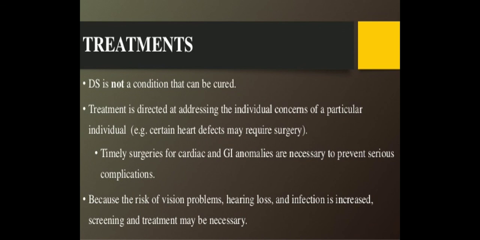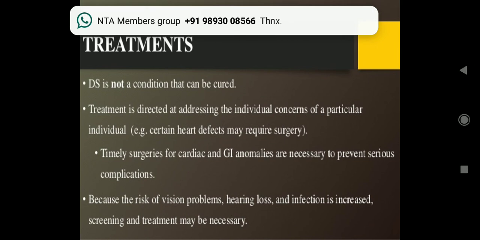If the child suffers from any type of gastrointestinal atresia like esophageal atresia or duodenal atresia, that specific condition may need treatment. Timely surgeries for cardiac and GI anomalies are necessary to prevent serious complications. Because the risk of vision problems, hearing loss and infection is increased, screening and treatment may be necessary.